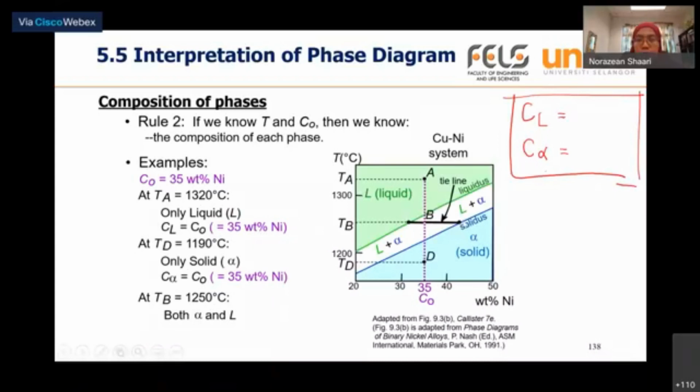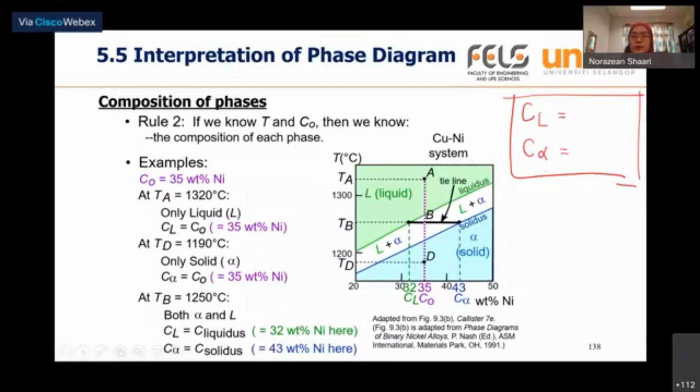So untuk point dekat line liquidus, ini adalah composition of liquid which is 32, dan untuk point dekat solidus, itu adalah composition of solid which is 43. So yang ni sedikit berlainan lah. Okay, so kita kena ada tie line ni.